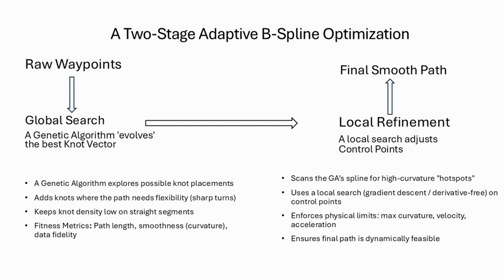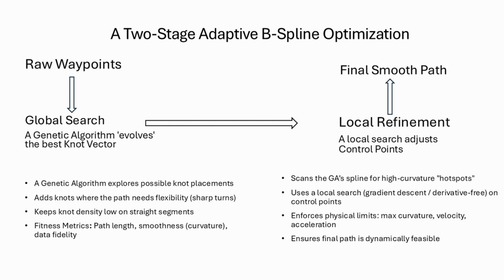The best solutions are then bred together, combining their good traits, and the process repeats for many generations. This powerful global search allows the system to discover a highly adapted node structure that is custom fit to the specific challenges of the trajectory, avoiding the trap of simple suboptimal solutions.